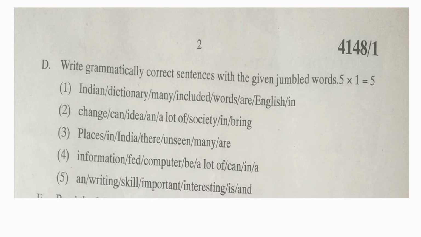Now you see, under this head, if you see the first question, there are some words which are jumbled, and what the students have to do is rearrange all these jumbled words to make a meaningful sentence that should be grammatically correct.